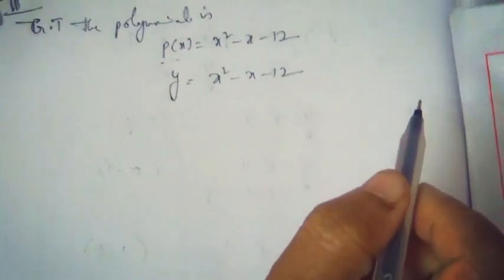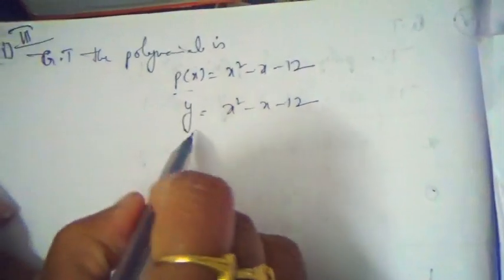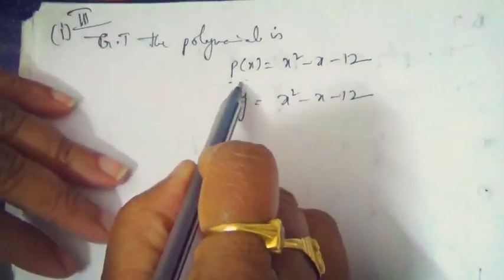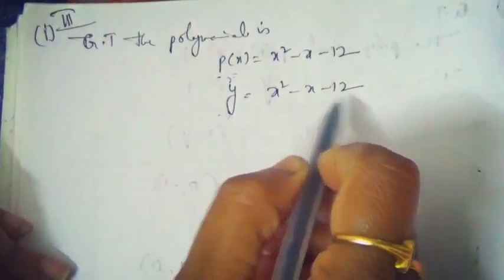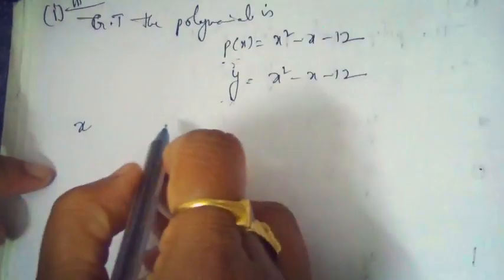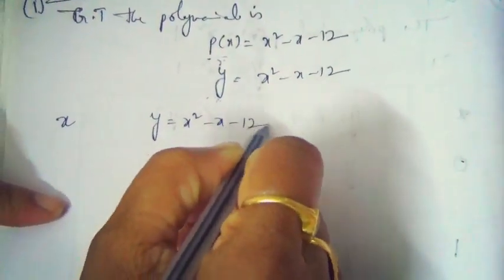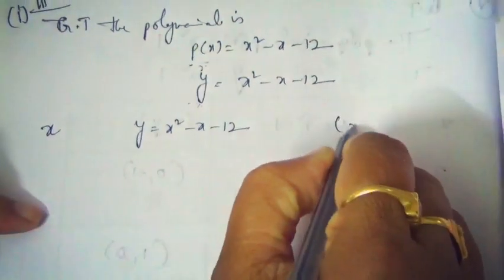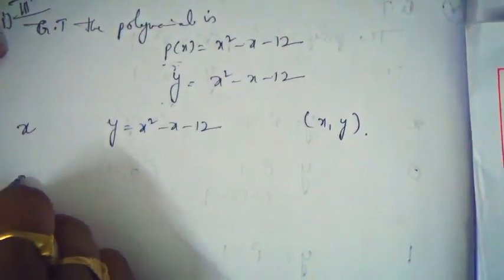Already I said in the previous video that we take the p of x polynomial as y, that is y equals x square minus x minus 12. So first of all you have to draw the table for this. So y equals x square minus x minus 12 is the second column, and the last column is x comma y.